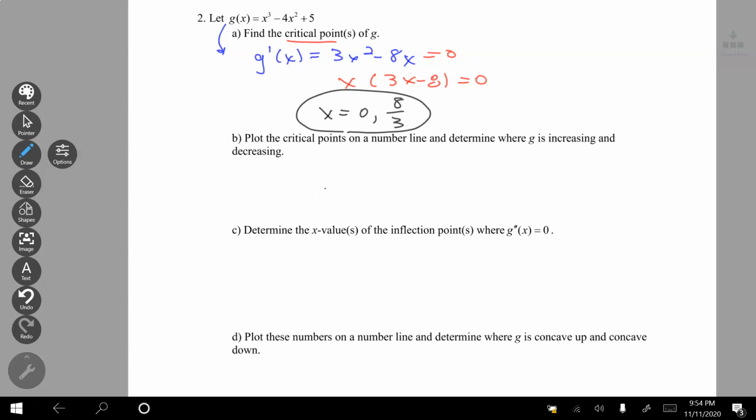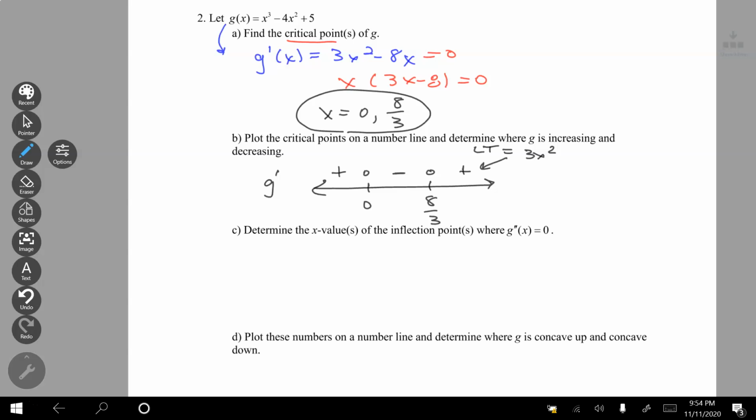So I'm going to draw a number line. Remember, this number line represents the derivative, g prime. I have 0 and 8/3 on this number line. Those are the critical points. My leading term is equal to 3x squared, which tells me it goes positive on the right, negative because there's no bouncers, and positive on the left.